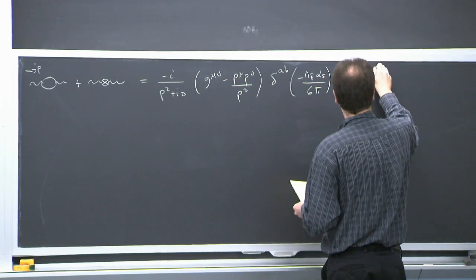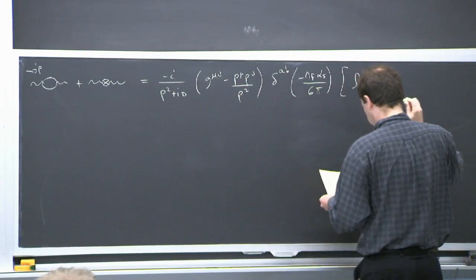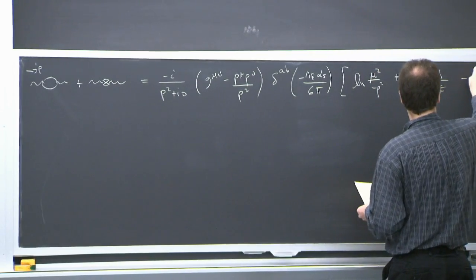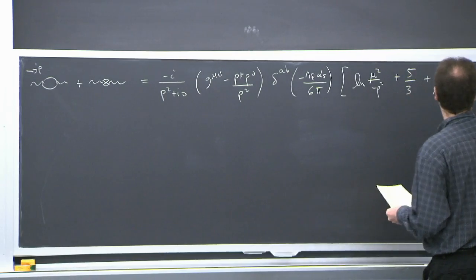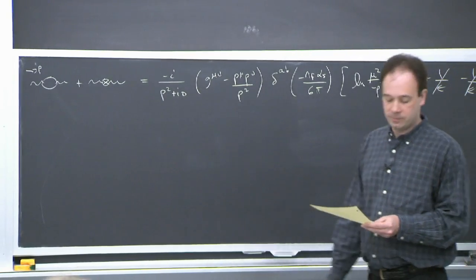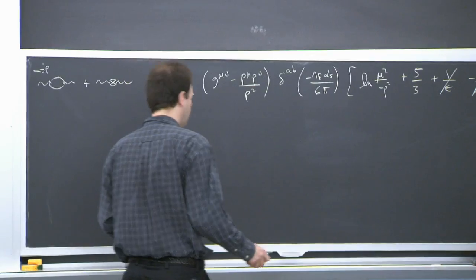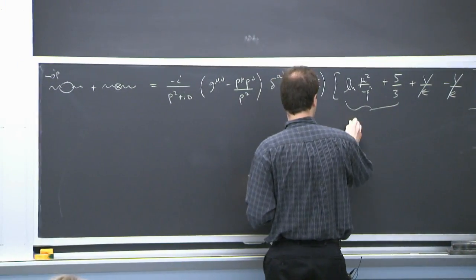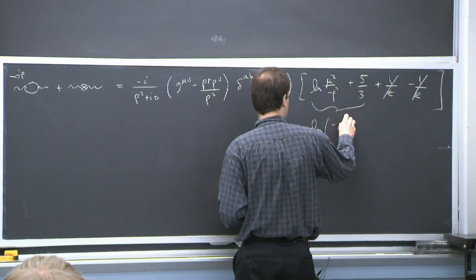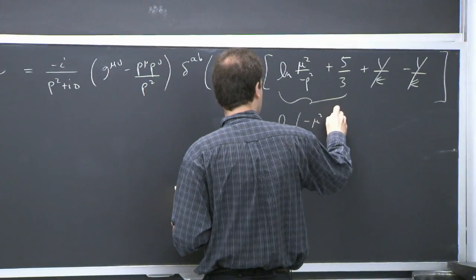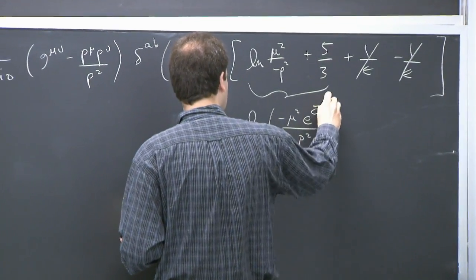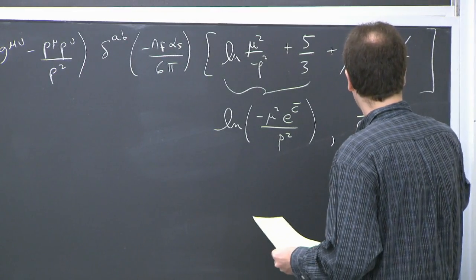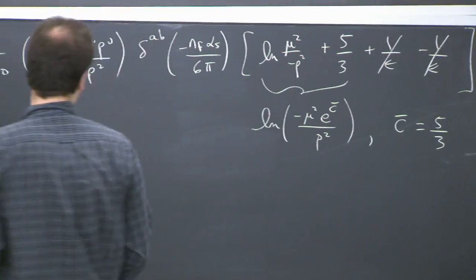There's a logarithm. There's some constant. And then there's some divergence, but we cancel the divergence with a counterterm, so the graph would look like that. I'm going to absorb all these things into a single logarithm just for convenience. So I define a constant c bar, which is this 5/3, and then I just put it into the logarithm.